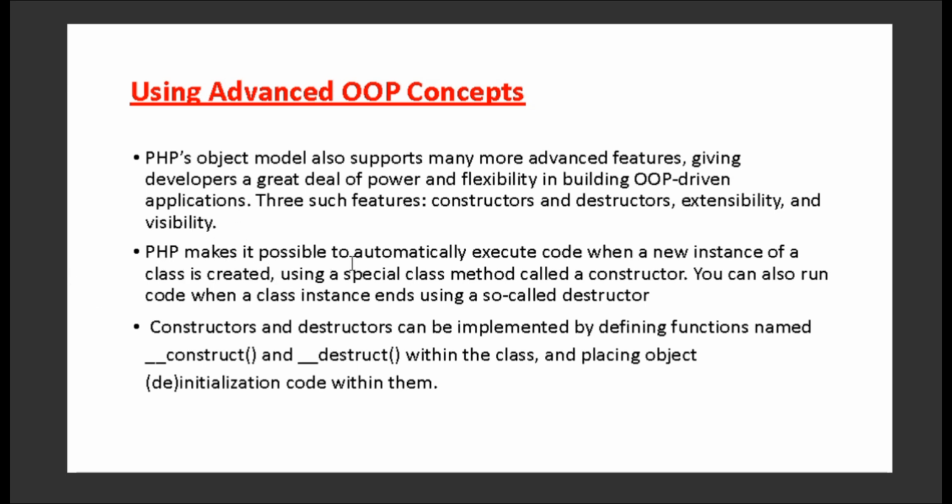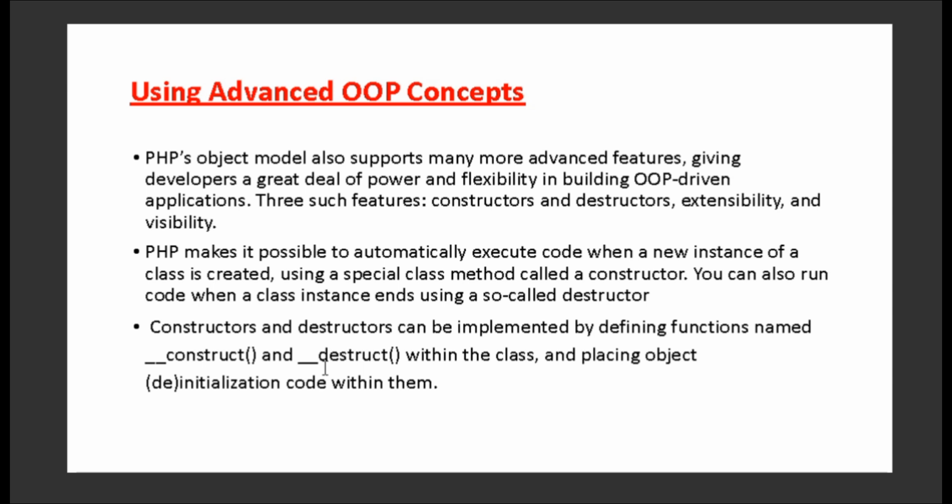PHP makes it possible to automatically execute code when a new instance of a class is created, using a special class method called a constructor. You can also run code when a class instance ends using a so-called destructor.